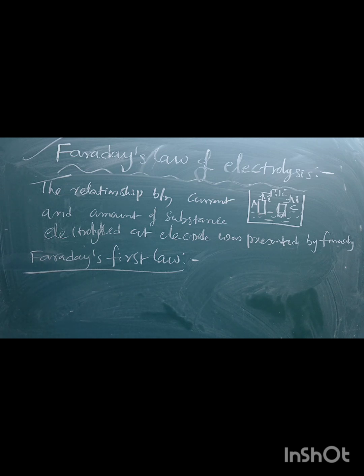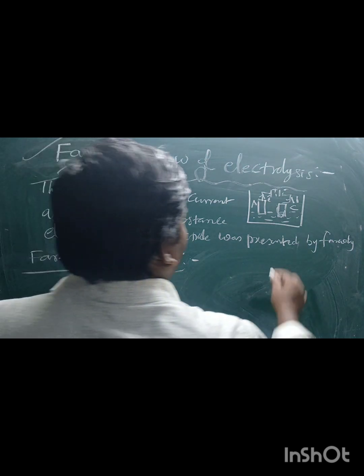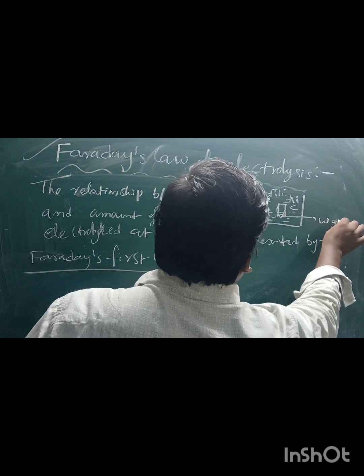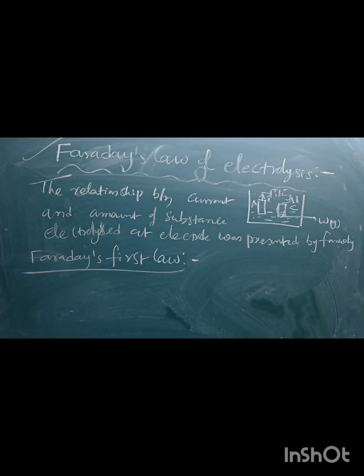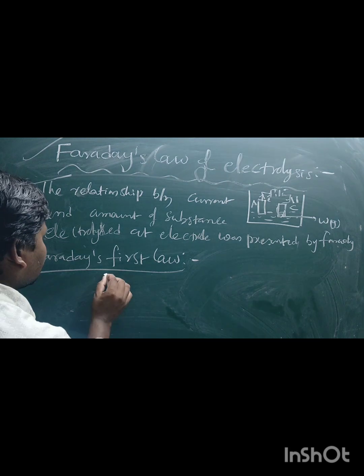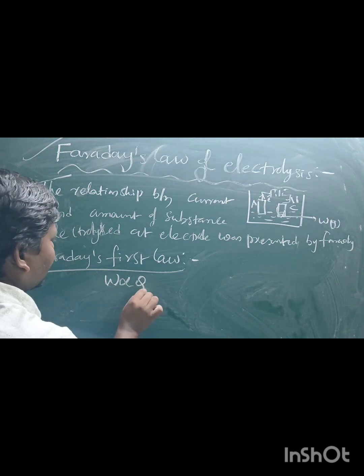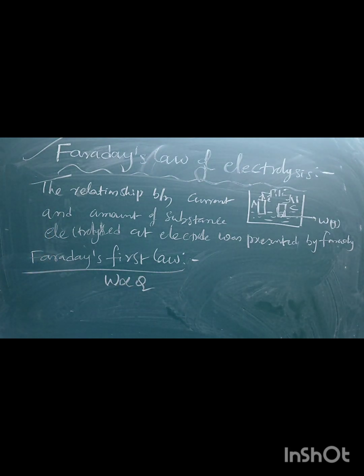The amount of any substance deposited, liberated or dissolved at any electrode is directly proportional to the quantity of electric current passing through the electrolyte. Taking W grams as the weight, W is directly proportional to Q.